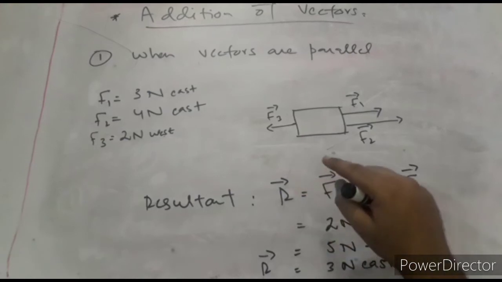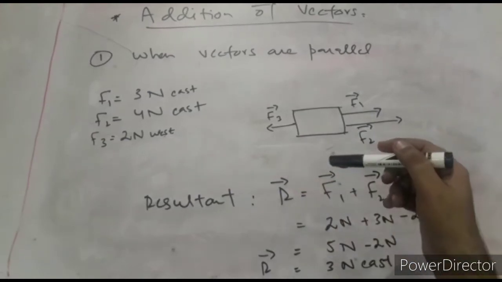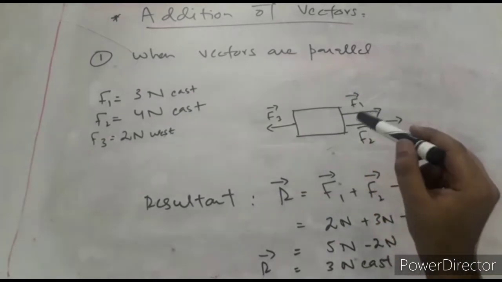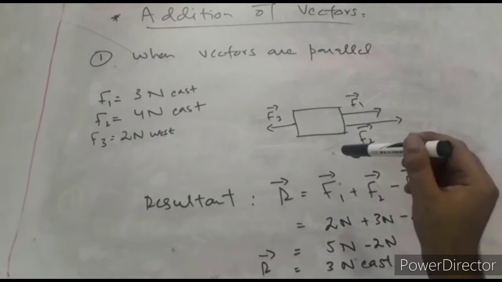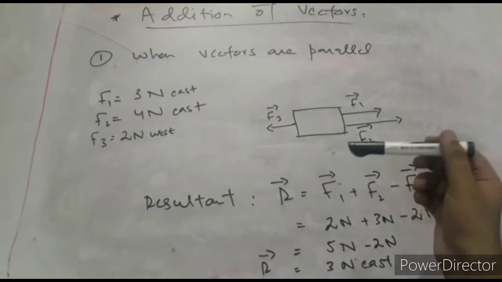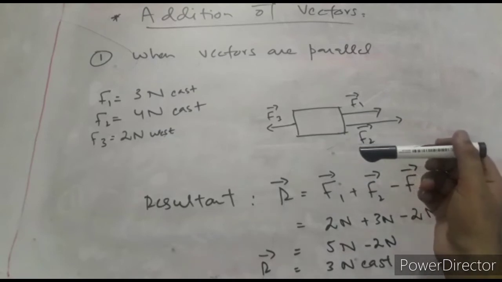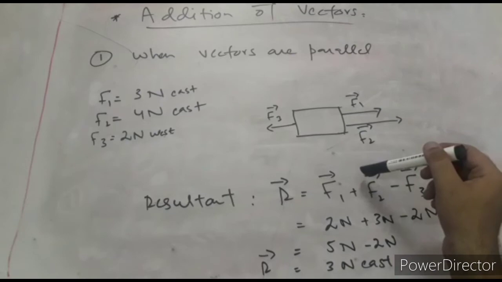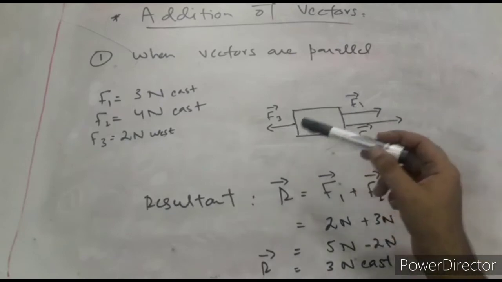Okay, so let's revise this point, that when we have parallel vectors we just simply add or subtract them by simple mathematical operation of addition, simple mathematical rules. When the vectors are in the same direction, we add them, and the vector in the opposite direction will be subtracted.